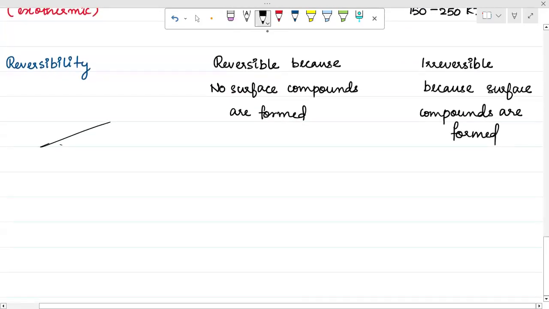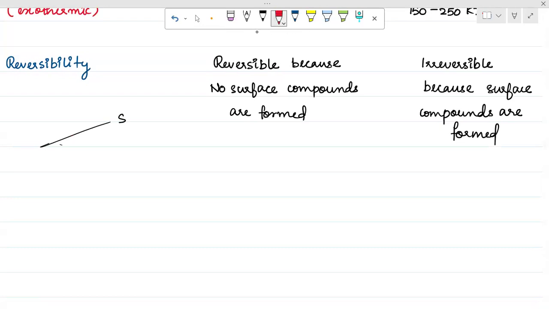Let's say you have a solid surface, onto the top of which there is a gas being attached. Through physisorption, there is no change happening to the gas. Now, let's say there is a process where it undergoes chemisorption.